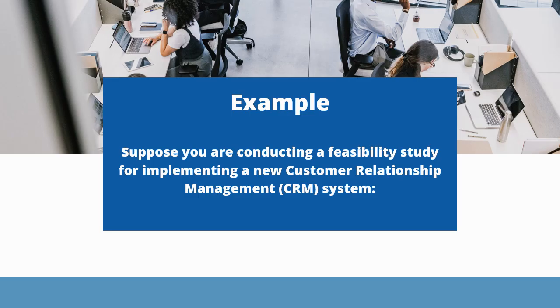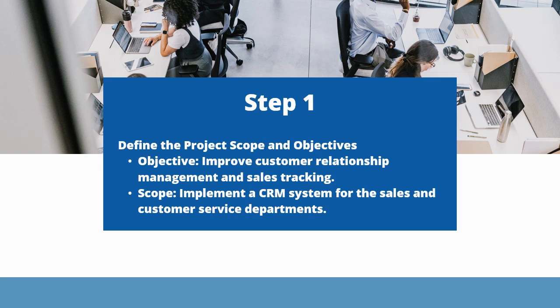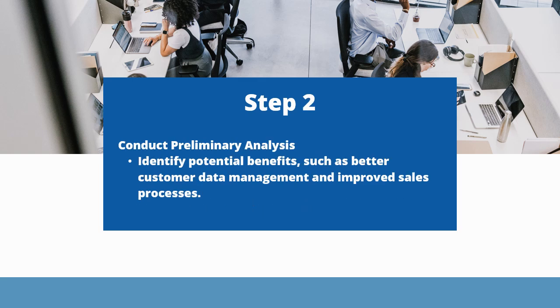Example: suppose we are conducting a feasibility study for implementing a new customer relationship management system. So, step 1, we define the project scope and objective. Like scope: implement a CRM system for the sales and customer service department, and the objective will be to improve customer relationship management and sales tracking.